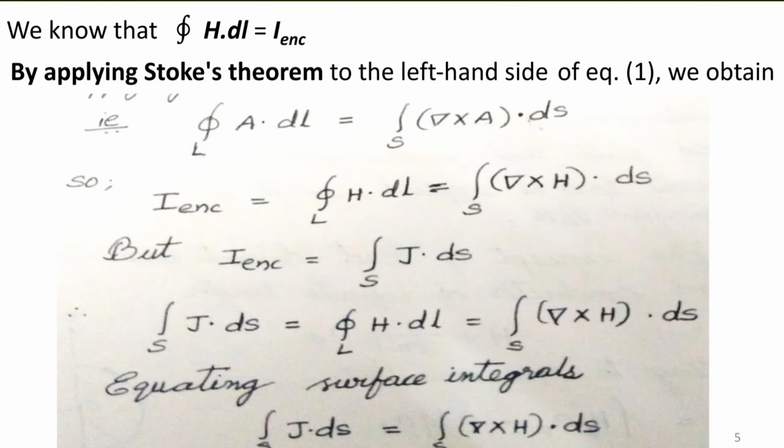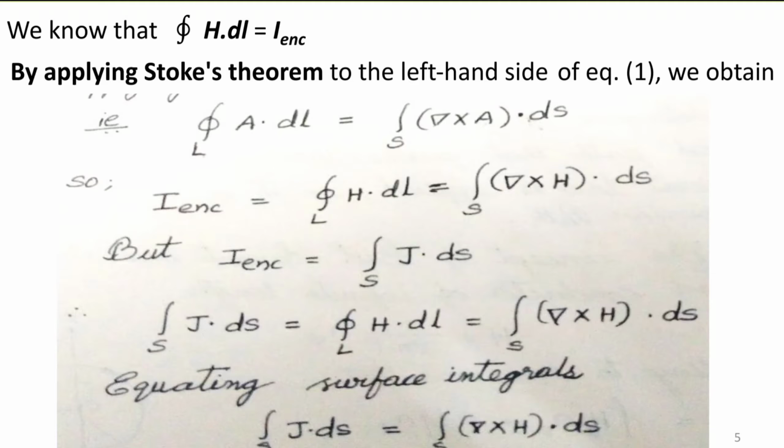These were the observations. Now, we know that closed integral H dot dl is equal to I enclosed. This is the statement of Ampere's circuit law. Now, applying Stokes theorem to the left hand side of this first equation, we can obtain the following. Generally, we know Stokes theorem: closed integral over L of A dot dl is equal to integral over S of del cross A dot ds.